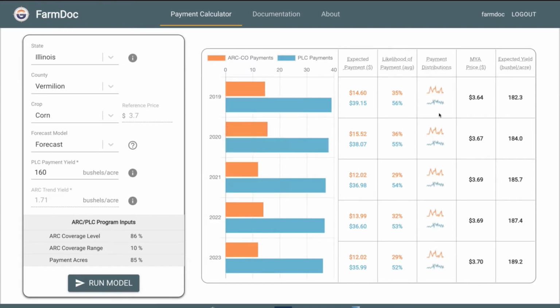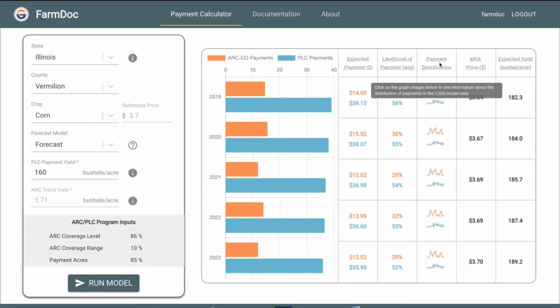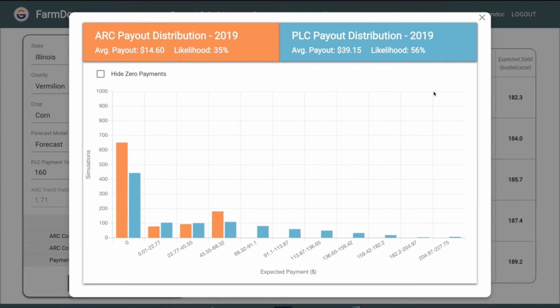Now, if you'd like to understand how we get to that point, there's a great feature here. Under payment distributions, this will show you how, as we said, we run this over 1,000 model runs around those averages, the market year average and the average county yield, to get a sense of what this would look like. This is our distribution over those 1,000 runs.